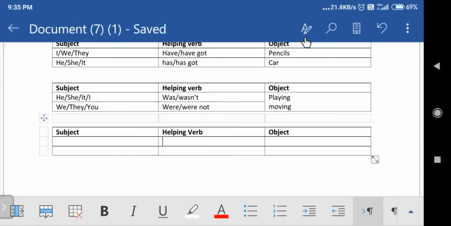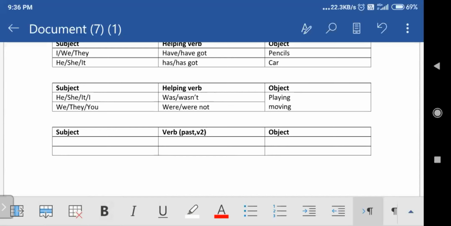Now notice what I'm going to do next. Some words we can just change the verb. Actually, I'm going to remove helping from here and write verb to be more accurate. We're just going to use the past form of the verb to make sentences. So the past form of the verb, or you can write V2, the second form of the verb.